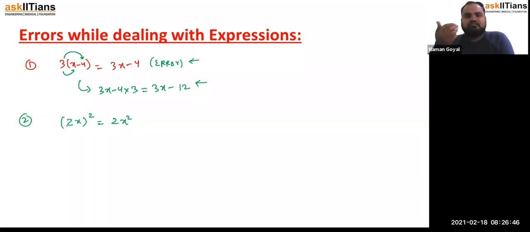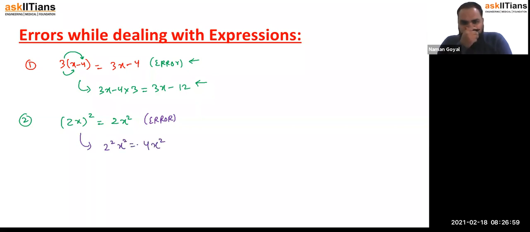We have to take the square of 2 as well as x, both. Okay. So what is the correct one? It is 2 square x square, or we can say that it is 4x square. So if you are dealing with expressions, then probably these types of errors you can make. Okay, isn't it?